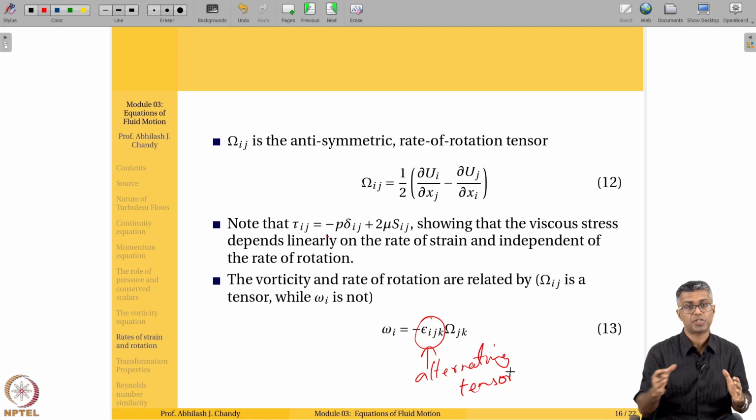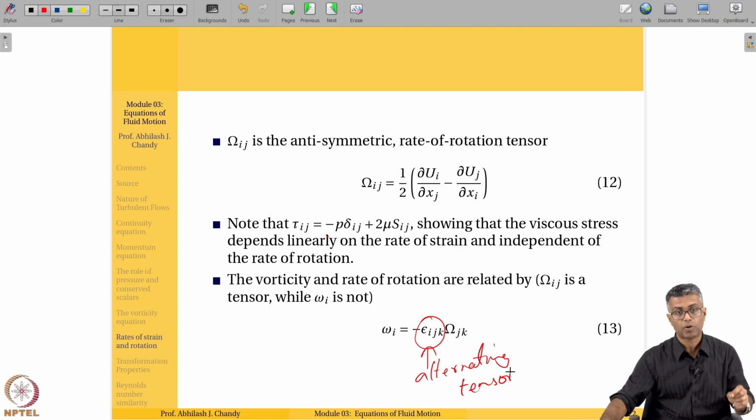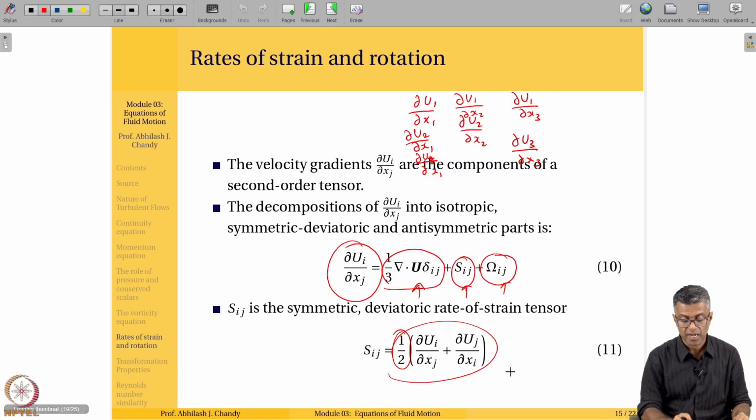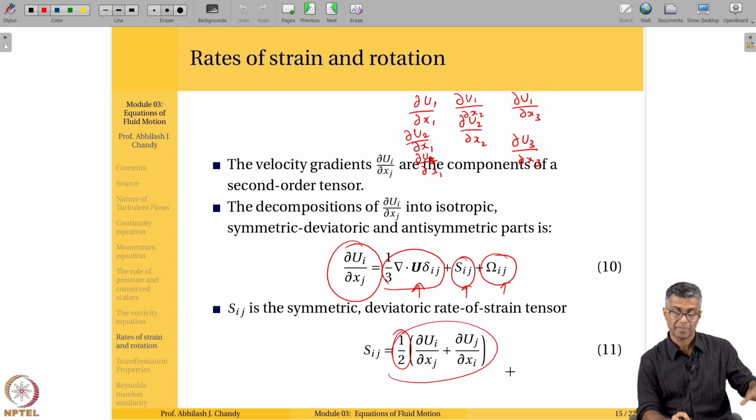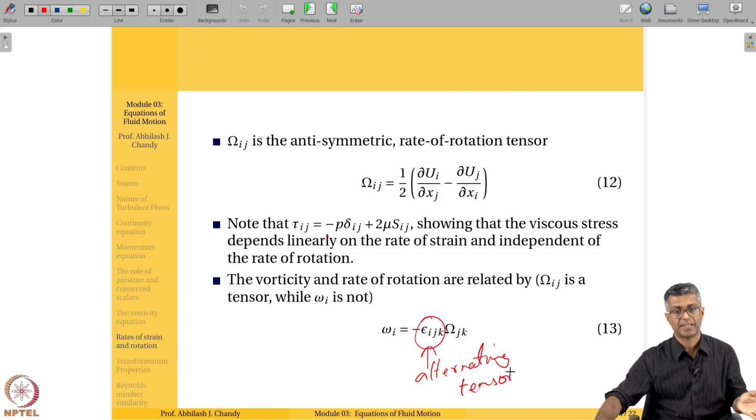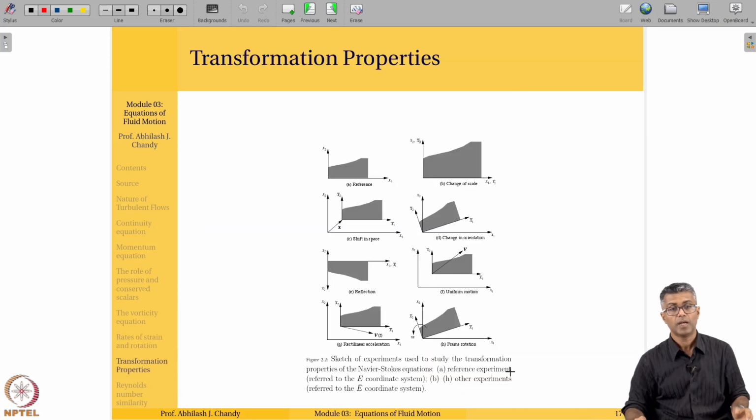That is how the vorticity and rate of rotation tensor are related. So that's the background about the rate of rotation tensor and the rate of strain tensor. The rate of strain tensor is Sij, which is symmetric, and the rate of rotation tensor is omega ij, which is anti-symmetric. Now let's look at some transformation properties.